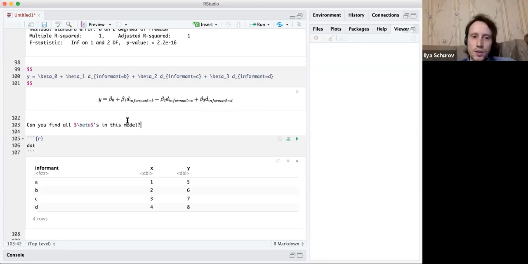So what's the question? The question is to find the values of beta 0, beta 1, beta 2, beta 3. They are just numbers such that this equation is satisfied for all rows of our data.